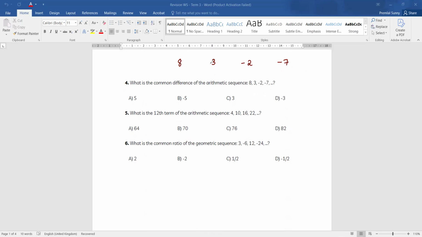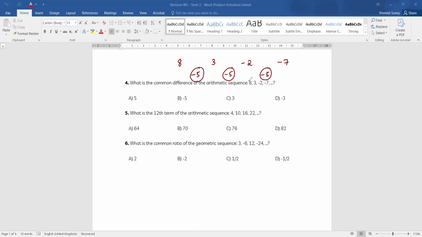Now, from 8 to get 3, I need to subtract 5. 8 minus 5 is 3. From 3 to get minus 2, I again subtract 5. 3 minus 5 is minus 2. From minus 2 to get minus 7, I subtract 5.